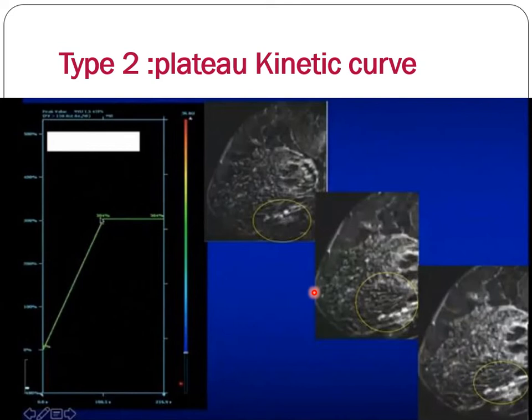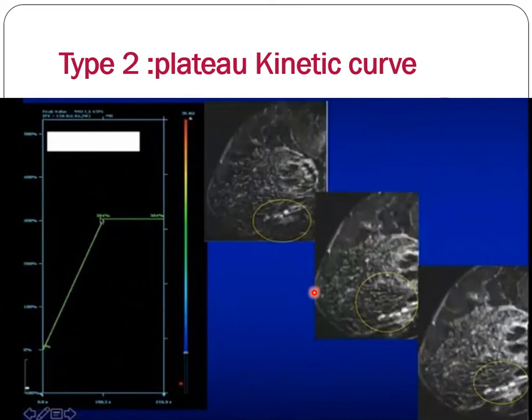Lena, what is this image? It's plateau. No, not the type of the curve. What is the image? T1, T2, T3, T4, fat saturated, not fat saturated, axial, coronal, sagittal. Describe this image.